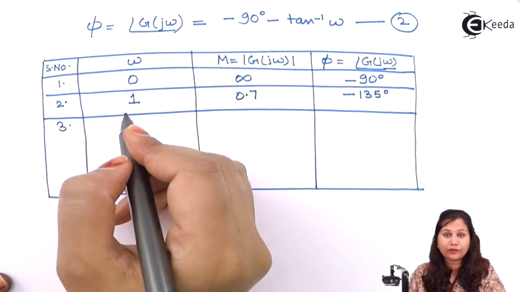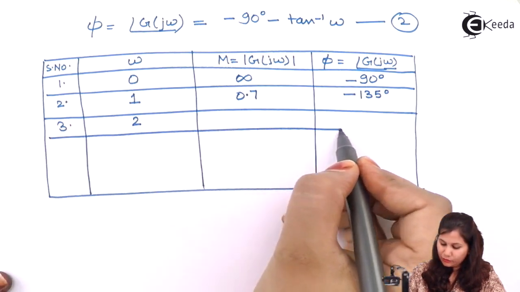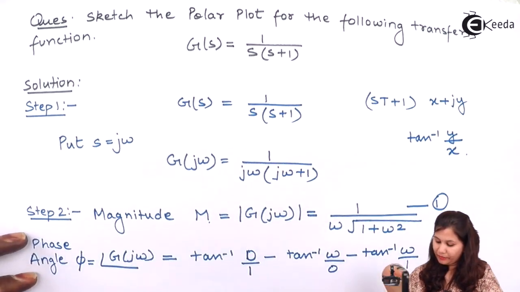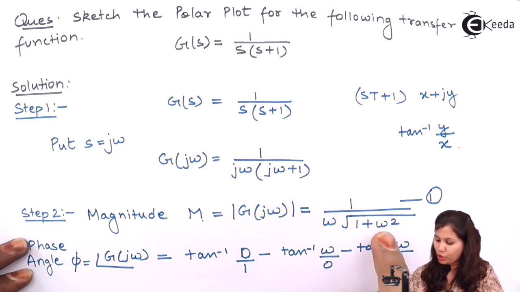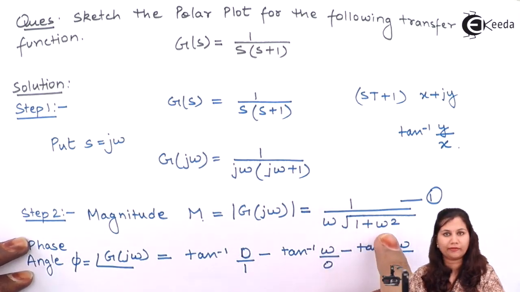Now taking the value of omega as 2, putting omega equals 2 in the first and second equations, it means 1 upon root of 1 plus 2 square, that is 4 plus 1, 5, so 1 upon root 5.